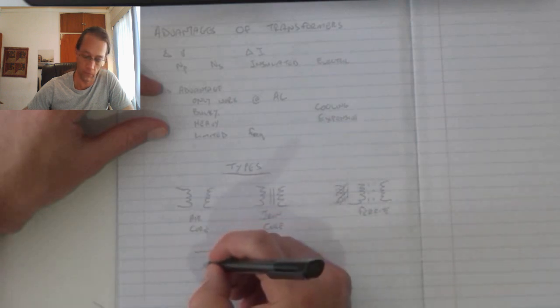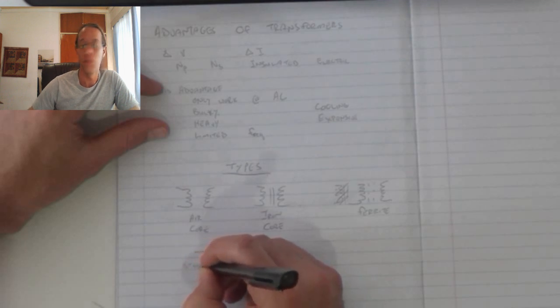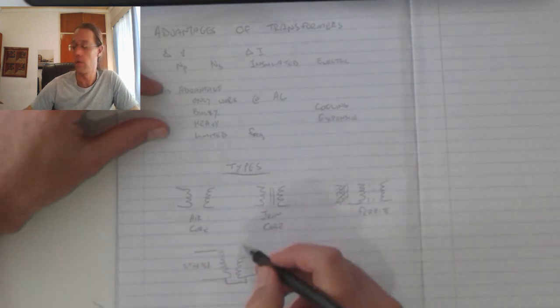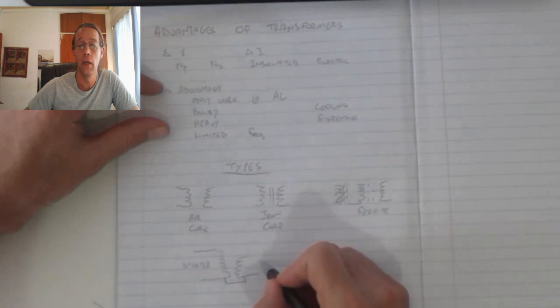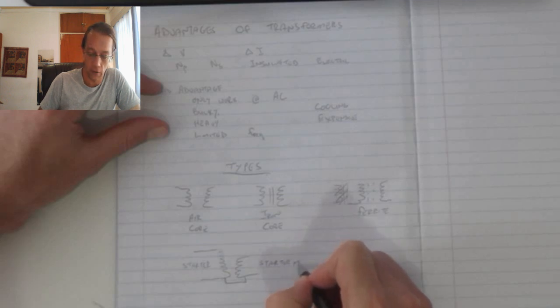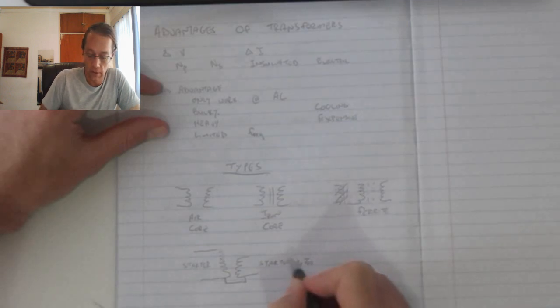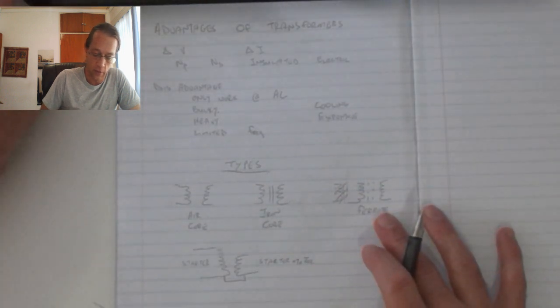So basically this will come from the starter battery, and this will then go to the starter motor, in order to step up the current flow.